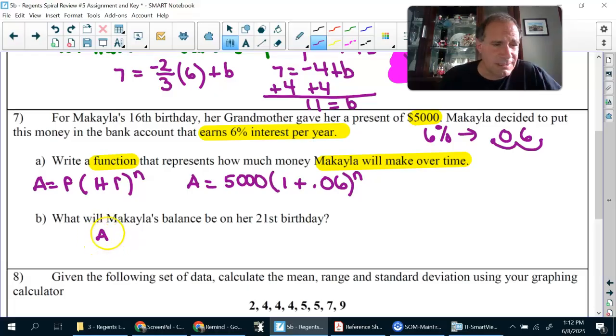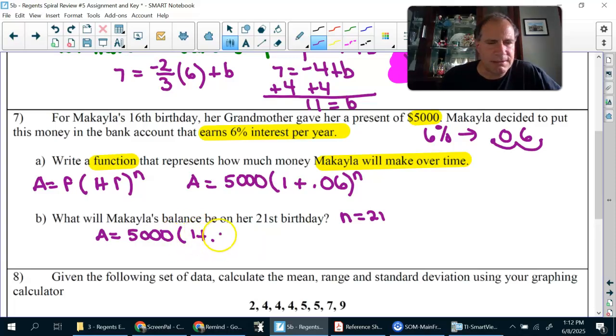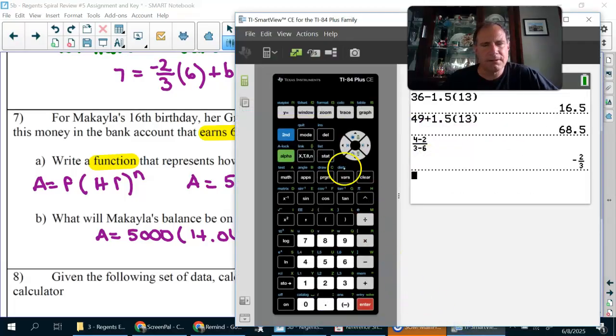All you have to do is use that formula, 5,000, and N is 21, times the 1 plus the 0.06. Then grab your calculator and put 5,000 times 1 plus 0.06, not 0.6, to the 21st.